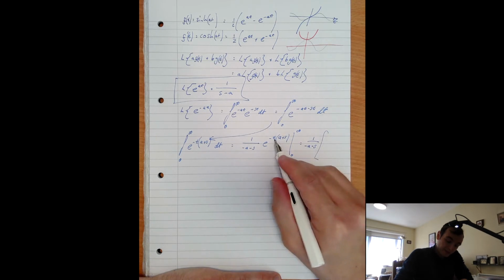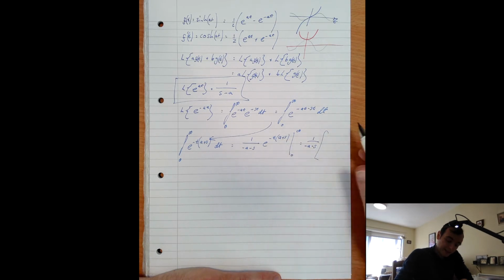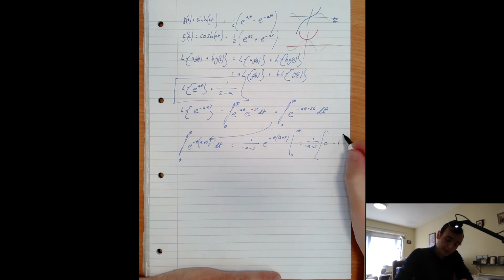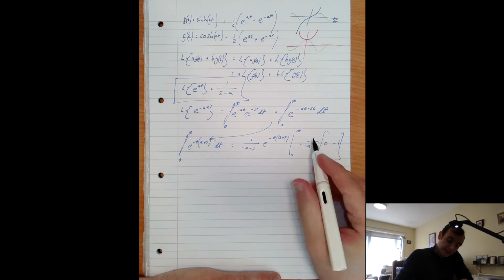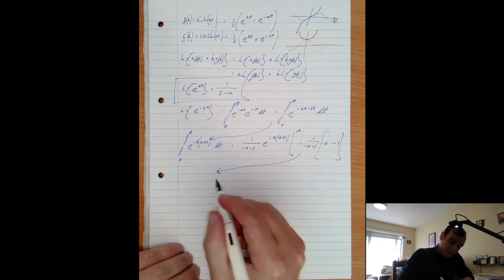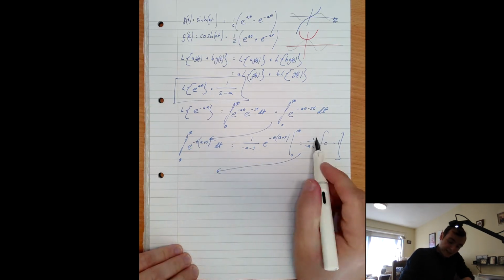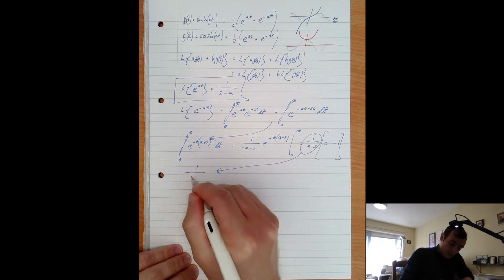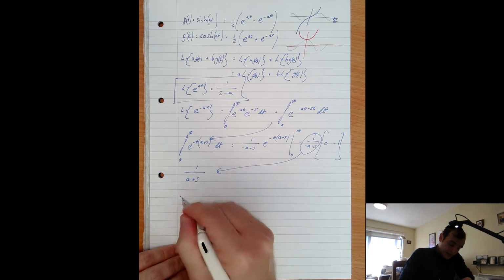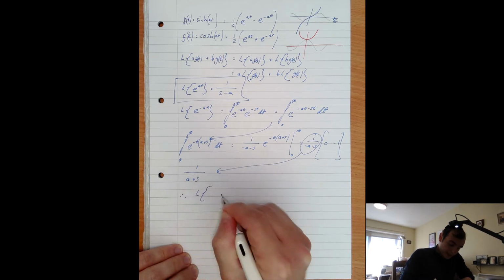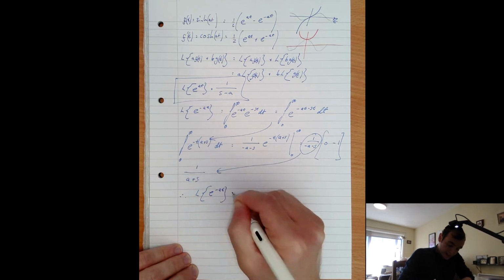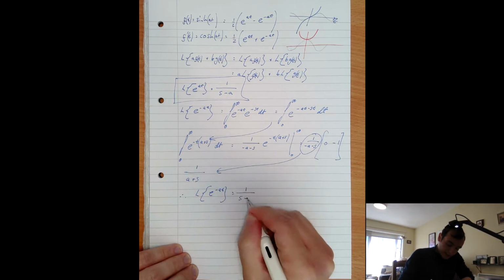As t tends to infinity, e to the minus t a plus s will tend to 0, minus e to the minus 0, which is 1. So now that's going to be this thing times minus 1, so this ends up being 1 over a plus s. We can say, therefore, that the Laplace transform of e to the minus at is simply going to be 1 over s plus a.